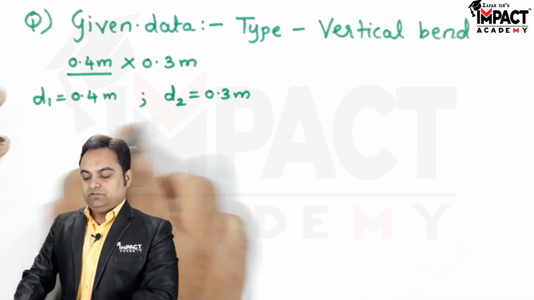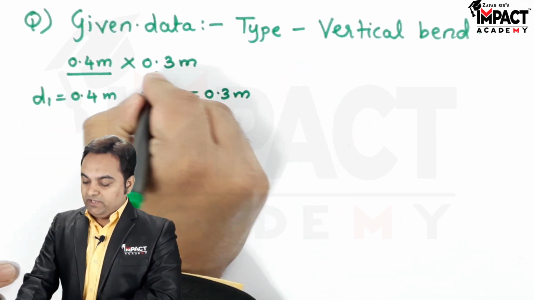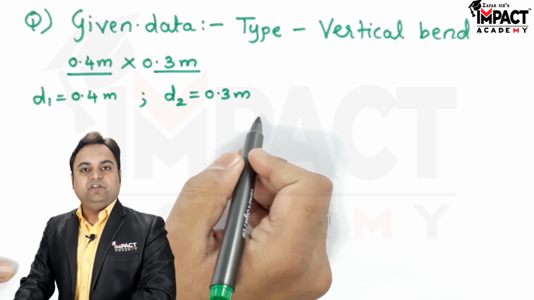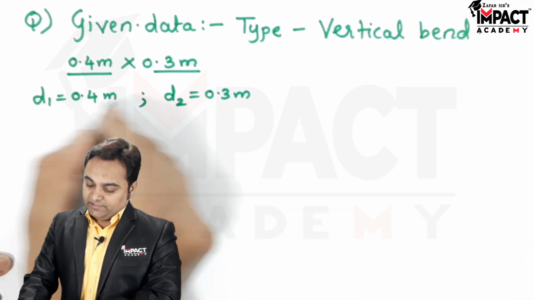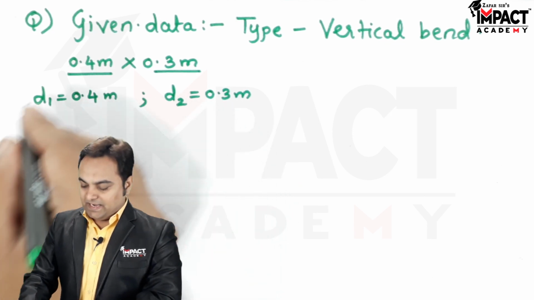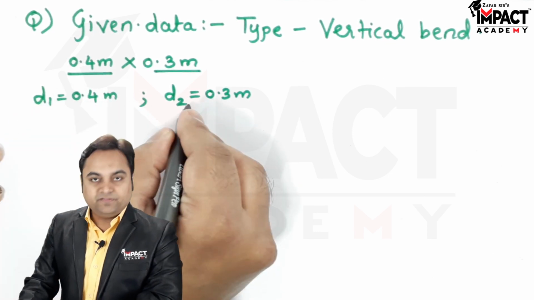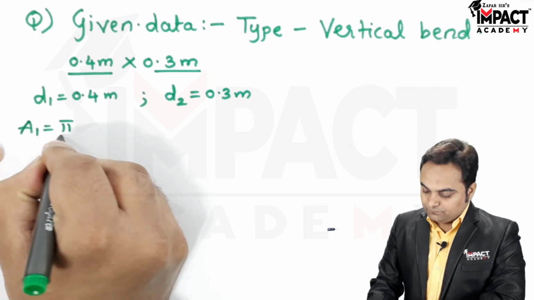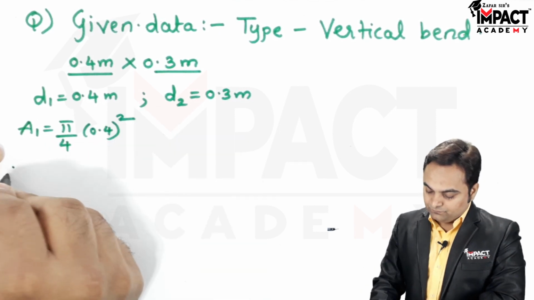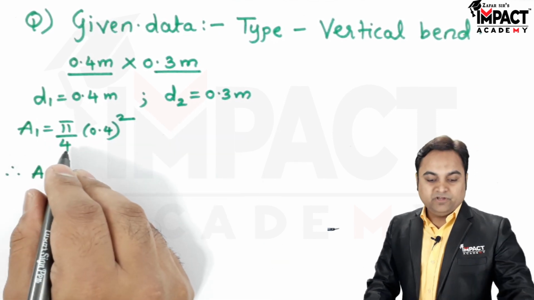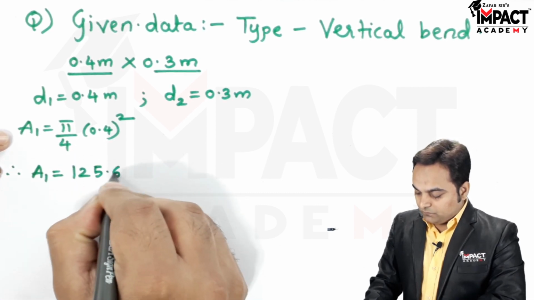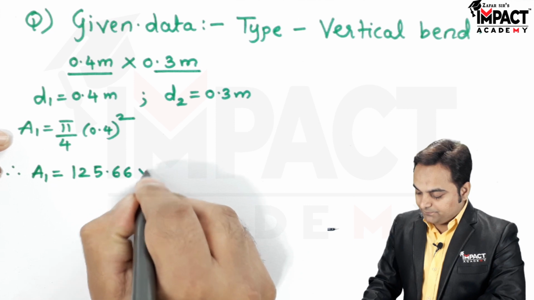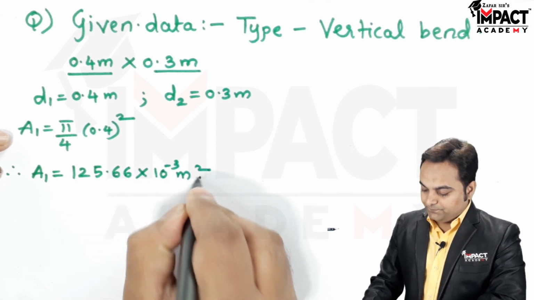So from these diameter values, we can make out that it is a reducing bend, that is the diameter goes on reducing towards the exit. Then after getting the diameter, I'll calculate the area for section 1 and section 2. So area 1 comes out to be 125.66 into 10 raised to minus 3 meter square.